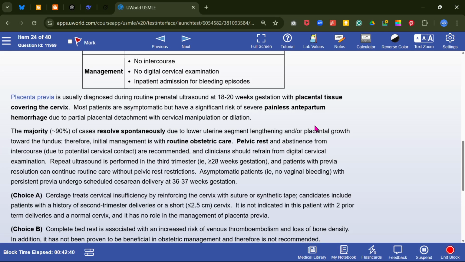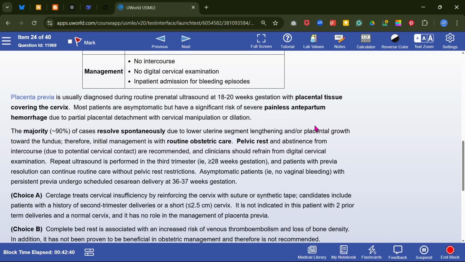Clinicians should refrain from digital cervical examination. Repeat ultrasound is performed in the third trimester at more than 28 weeks of gestation, and patients with placenta previa resolution can continue routine care without pelvic rest restriction.